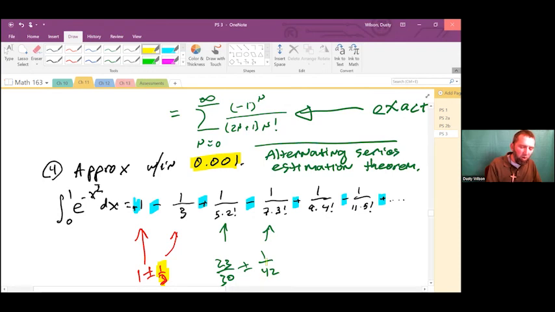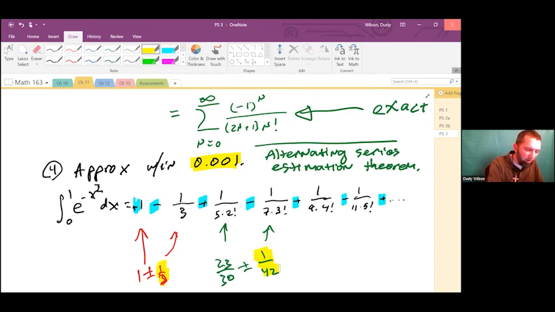If I look at 23 over 30 plus or minus 1 over 42, 1 divided by 42 is 0.02. Too much. So I'm testing these terms to figure out which one is close enough. Maybe I could try 1 over 11 times 5 factorial.